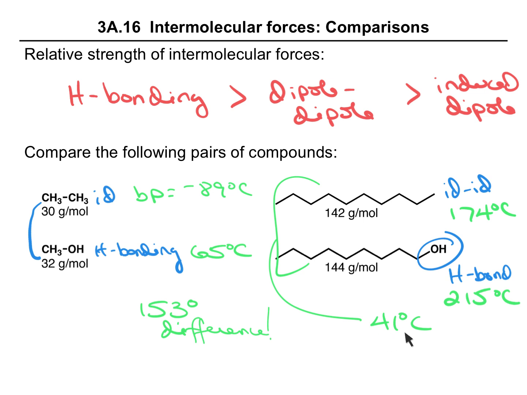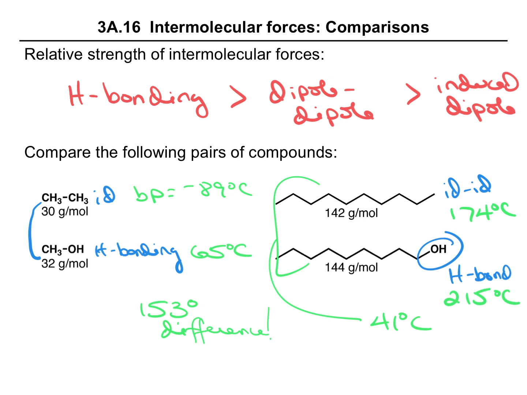Here, it's only a 41-degree difference. So the hydrogen bonding is a little bit less significant in this case. So we have to think about the big picture. This part of the molecule is capable of hydrogen bonding, but the rest of this can't do hydrogen bonding. So a lot of this has to settle for induced dipole interactions. Another way to think about it is that when we have a large molecule, even though it's only capable of induced dipole interactions, a lot of induced dipole interactions really add up, leading to a relatively high boiling point.